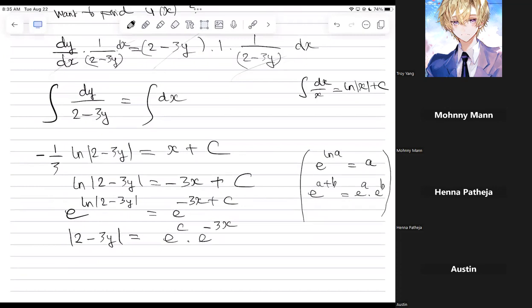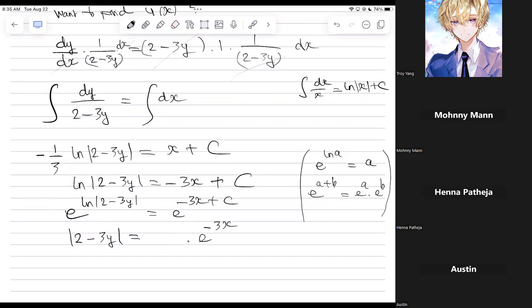e to the power c here is a constant. e is a number, c is a constant, so e to the power c is just a constant.